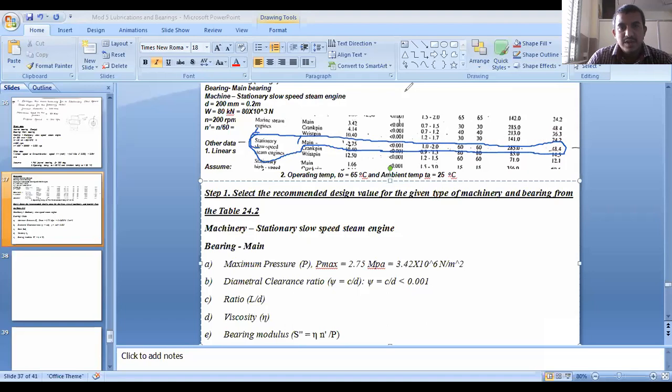Yes, please take these values. This is 2.75 into 10 to the power of 6 Newton per meter square. What is the diameter clearance ratio?